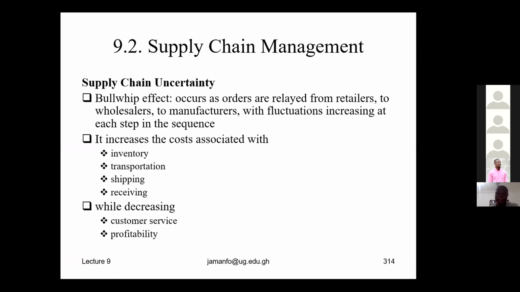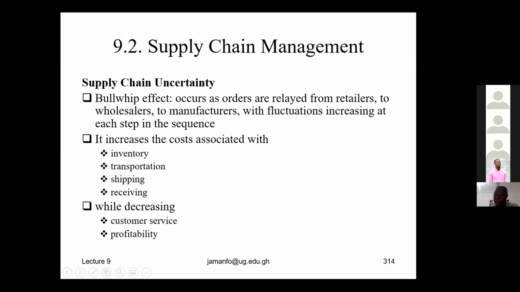Okay, so we come back here. We said the bullwhip effect occurs as orders are relayed from retailers to wholesalers to manufacturers, with fluctuations increasing at each step in the sequence. It increases the cost associated with inventory, with transportation, with shipping, with receiving, while decreasing customer service and profitability.